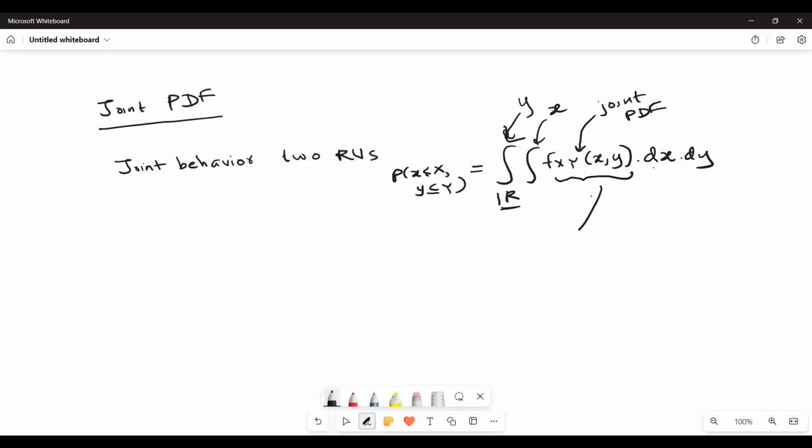So this f(x,y) is always going to be 0 or above 0. It's going to be a positive function. We are talking about probabilities, so this is going to be zero or a positive value. The integration of this function over all the ranges of x and y will be equal to 1.